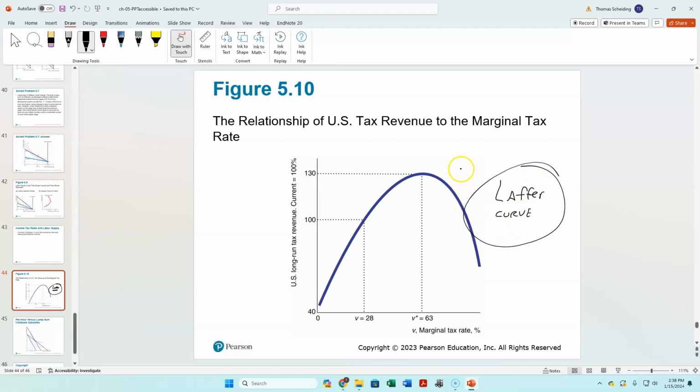Many Republicans and those who are right thinking argue for the most part that our marginal tax rate is so high that if we were to increase taxes, people will work even less. Whereas Democrats and those who are left leaning think that most of the time we're over here, and that by reducing the marginal tax rate, you're just reducing overall tax revenue.